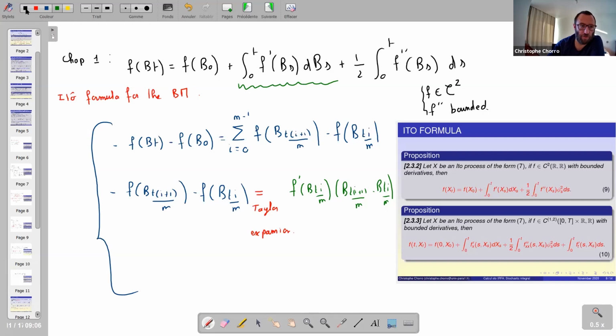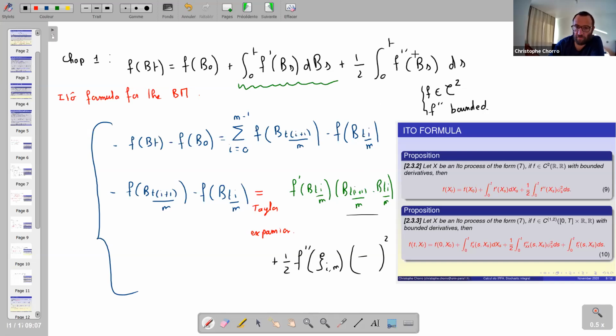And I have a second element in my Taylor expansion here: plus 1/2 the second derivative at a particular point that I can define this way, I n, times the square of the increment, this one squared here. So you see that the 1/2 comes from the Taylor expansion.